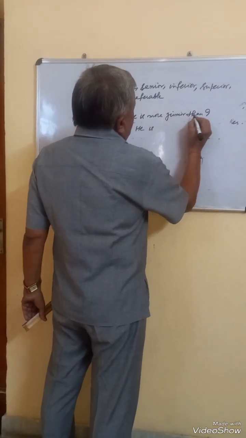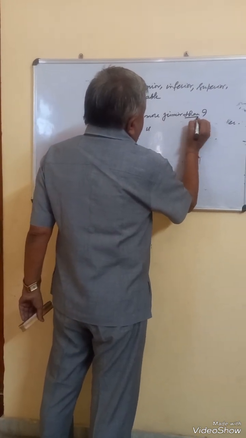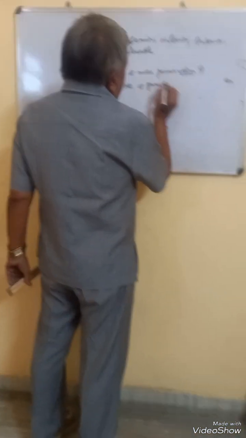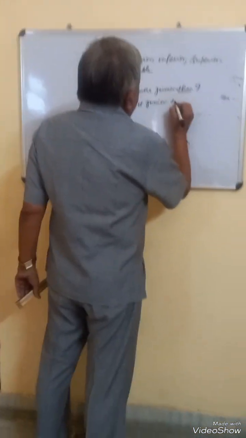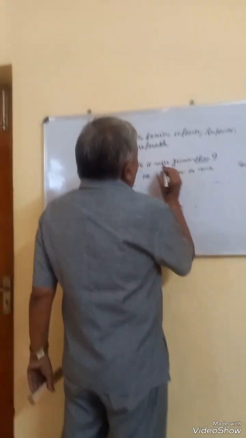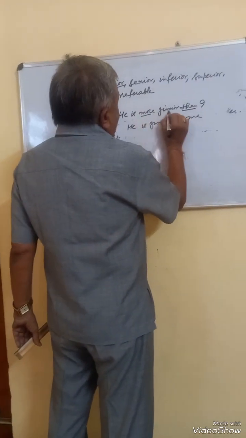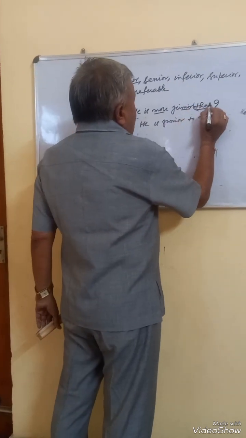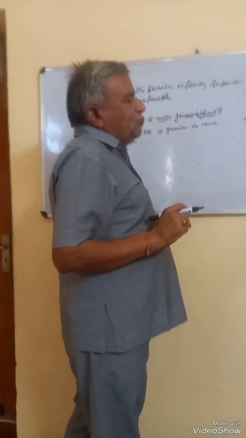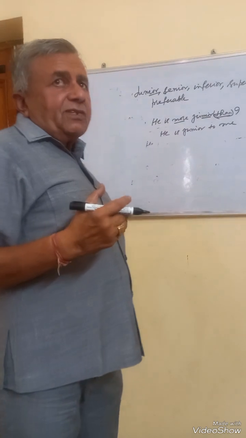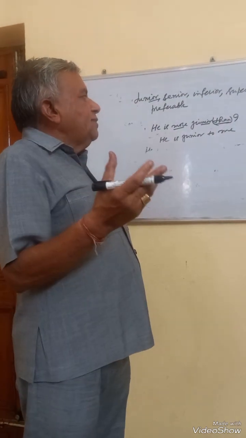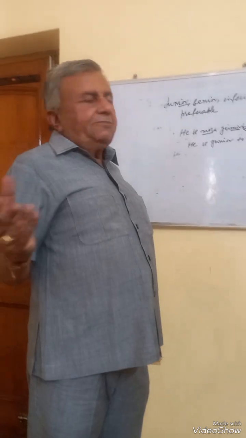Here we use to rather than the use of than. He is junior to me. We don't use more or most before these words. Neither do we use than. In place of them, we use to. And to is always followed by objective form. We never say to I. We always say to me.